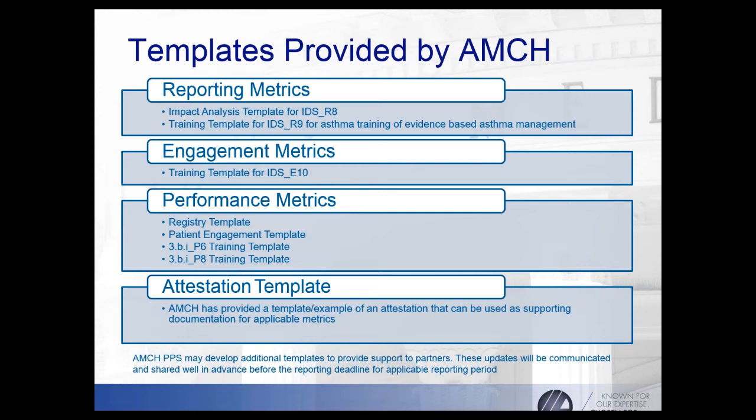So who are your partner reporting liaisons and your quality assurance officers? Your partner reporting liaison is the internal primary point of contact for reporting purposes. It might be the contact that your organization already has right now for DSRIP, but essentially it's like that project manager that is responsible overall for making sure that reporting gets completed and what's ultimately going to draw down those funds from AMCH. And you have your quality assurance officer.